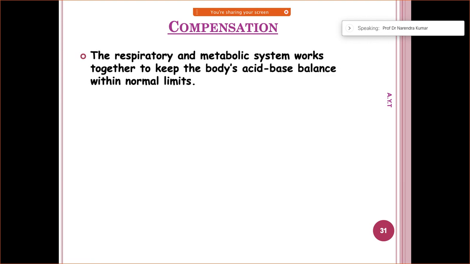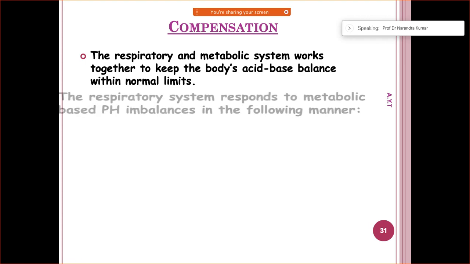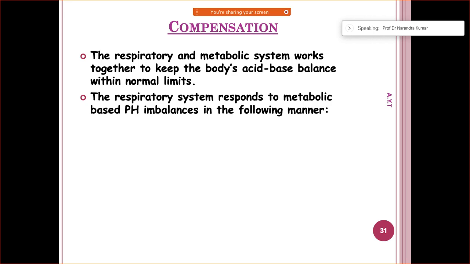There is a phenomenon: if this imbalance has been going on for a little longer, compensation will start to happen. During compensation, the respiratory and metabolic systems work together to keep the body's acid-base balance within normal limits. The respiratory system responds to metabolic pH imbalances in the following manner.